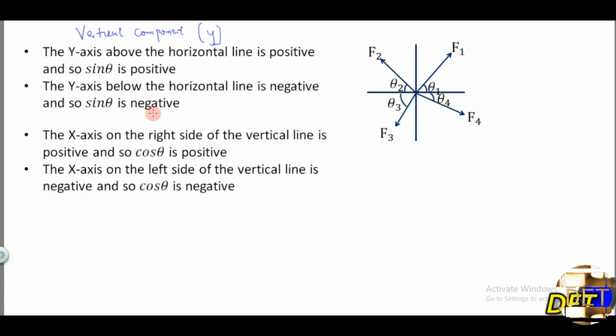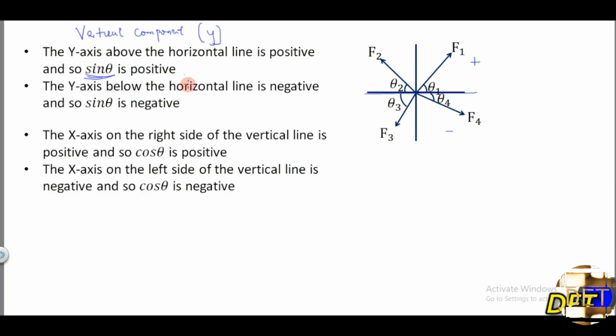When we are resolving more than two forces or vectors, we resolve them into the vertical component and the horizontal component, right? For the vertical component, anything above this horizontal line is positive, and anything below this horizontal line is what? Negative. And when we are resolving them, we use sine theta, right?